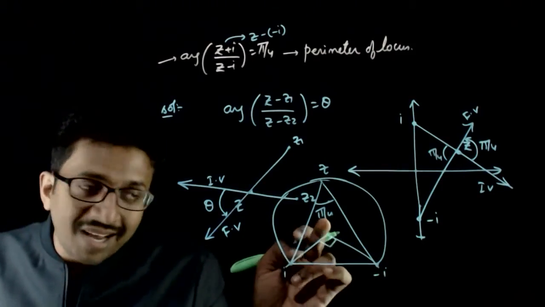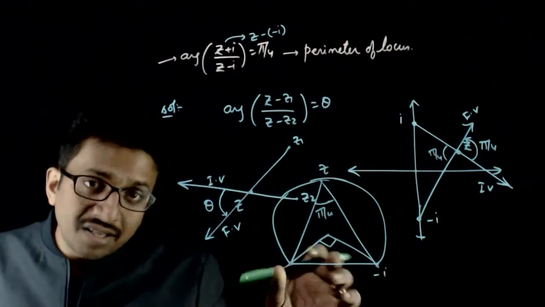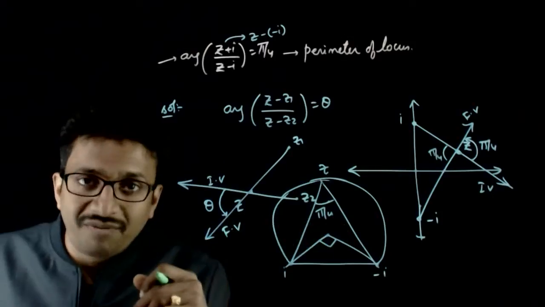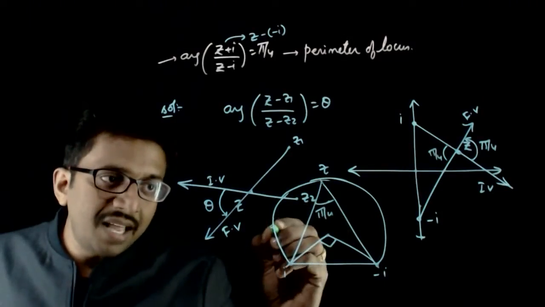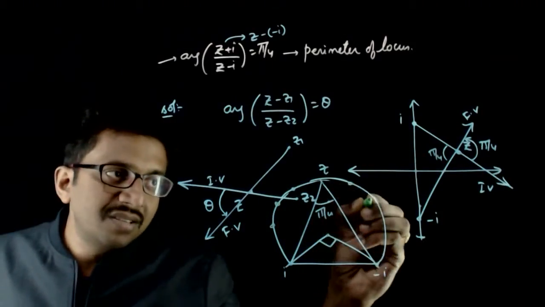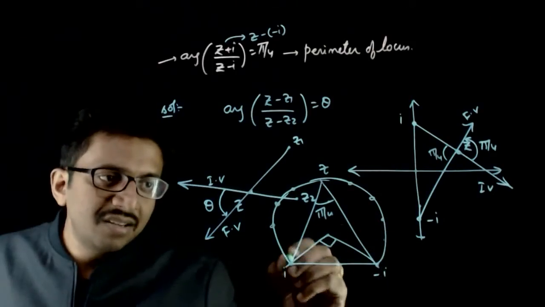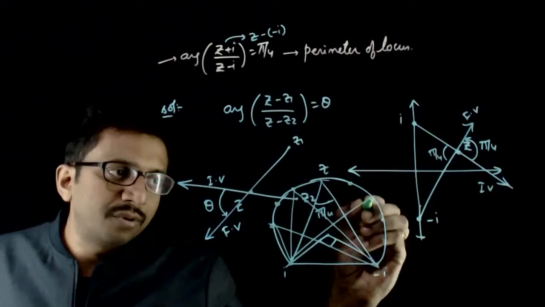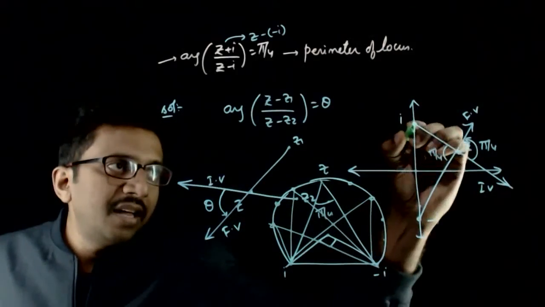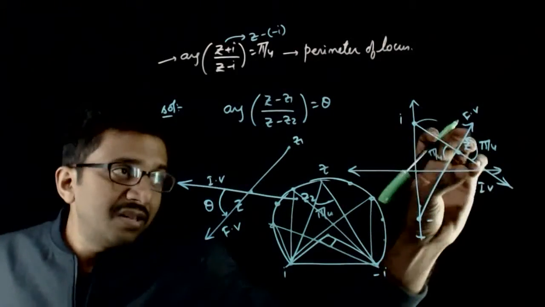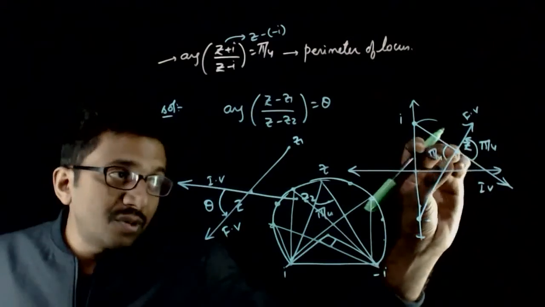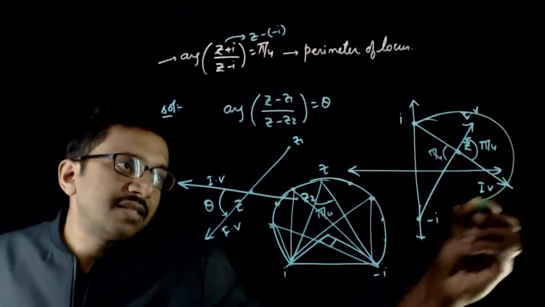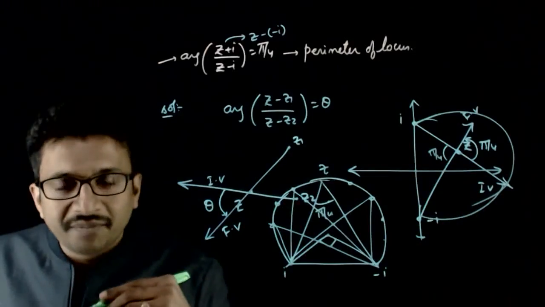If that is so, the angle in the segment will be 45 degrees. So z can lie on any point of this segment. This angle obviously looks more than pi by 4, so z lies a little outside. So you have the locus as something like this.